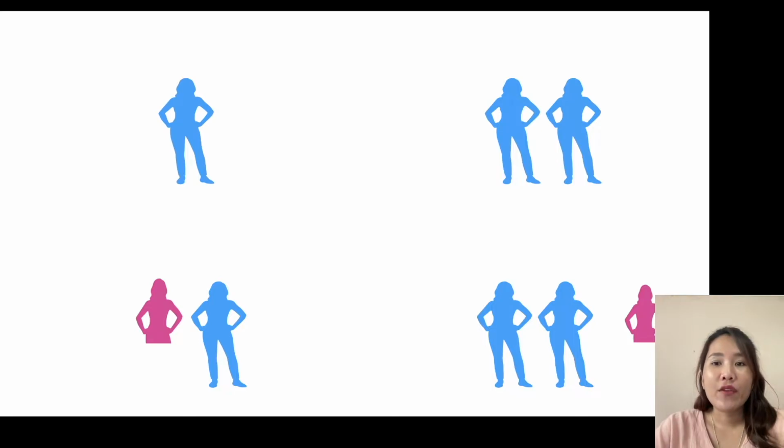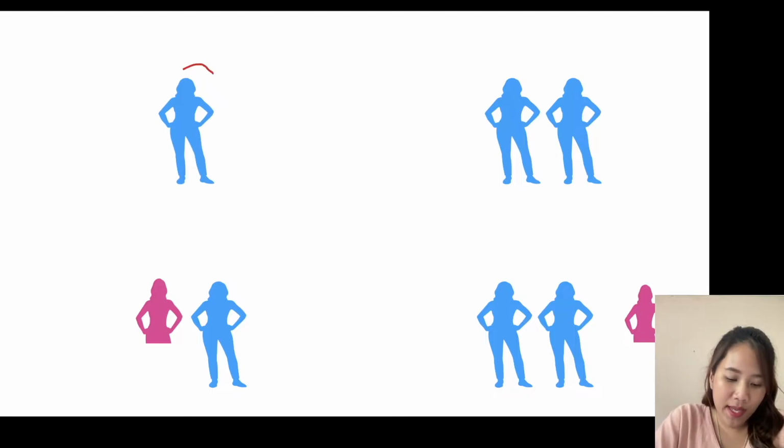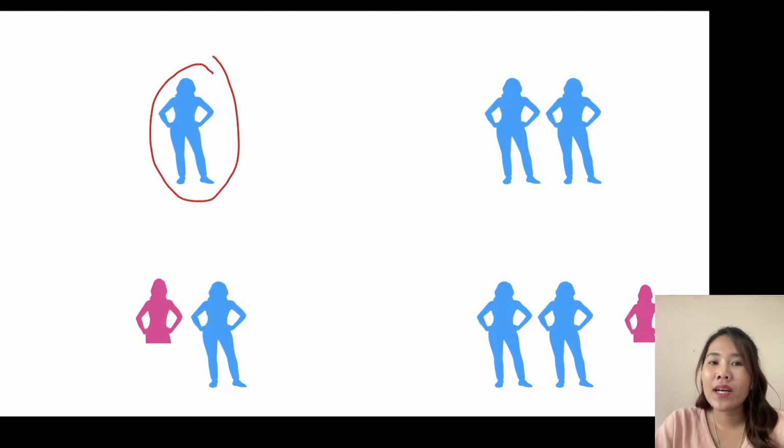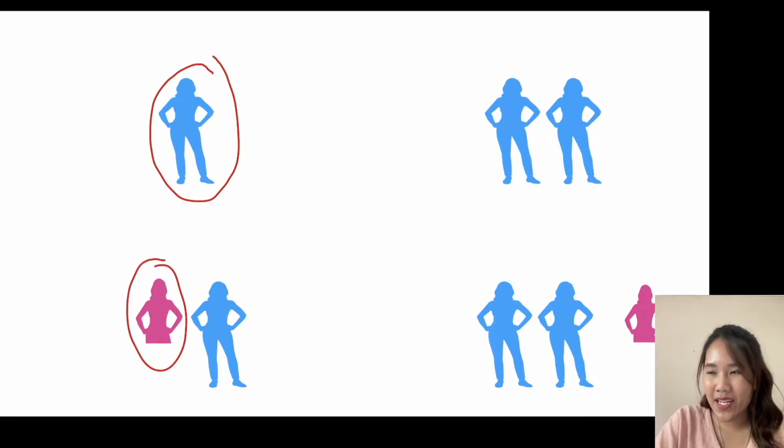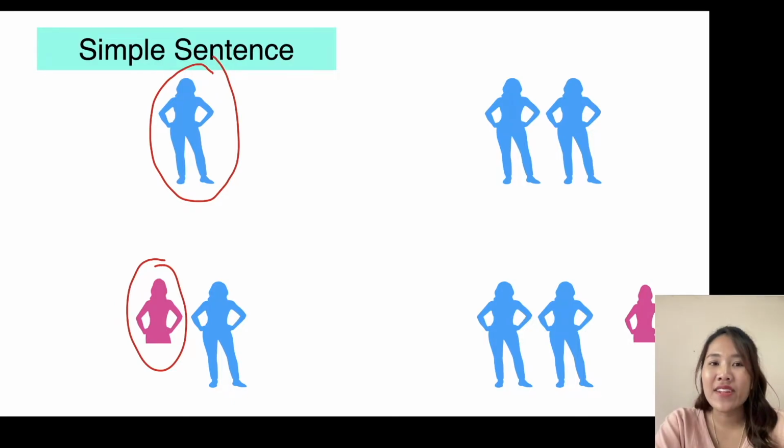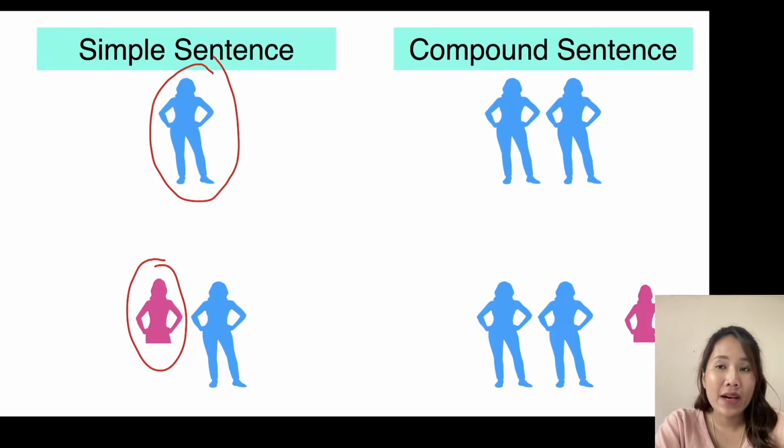If you have the full body, the full body refers to an independent clause, and the half body refers to a dependent clause since it's not complete. If you have one full main body, it means you have one independent clause. If you have only one independent clause, it is a simple sentence. But if you have two or more independent clauses, we classify it as a compound sentence.